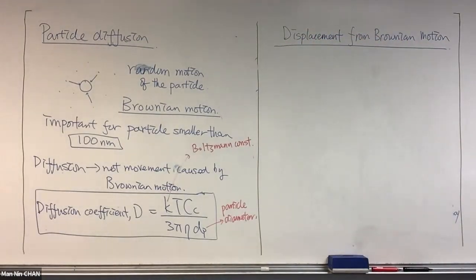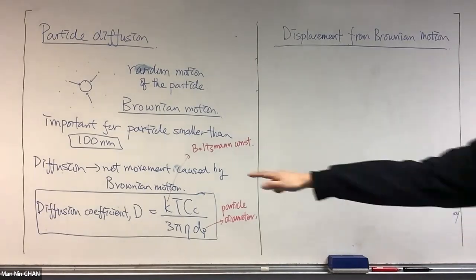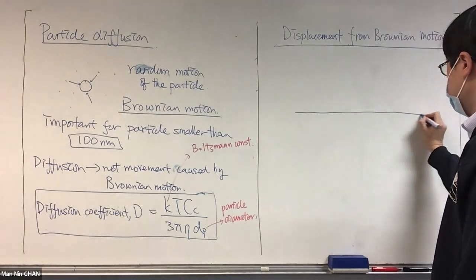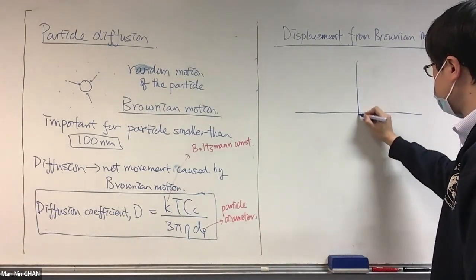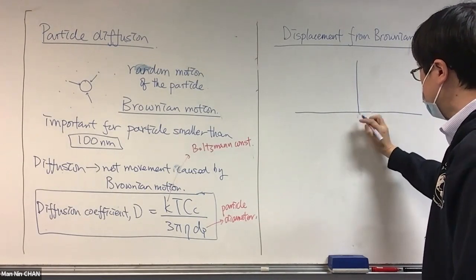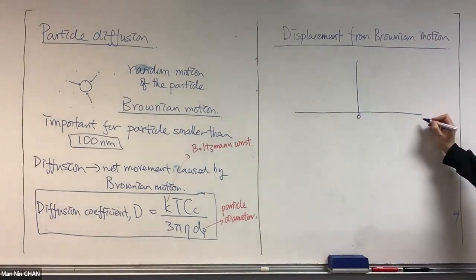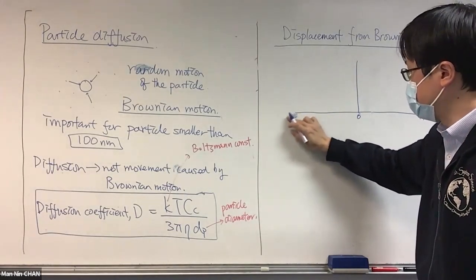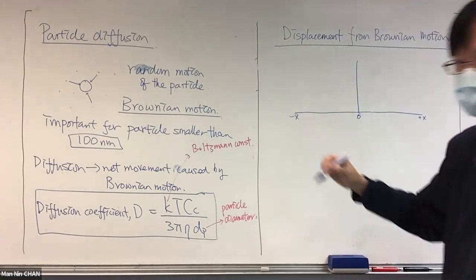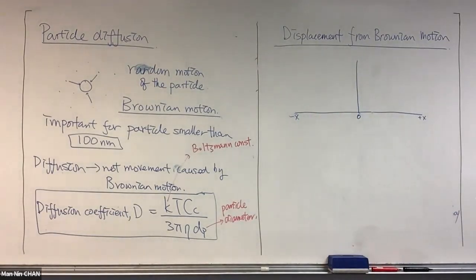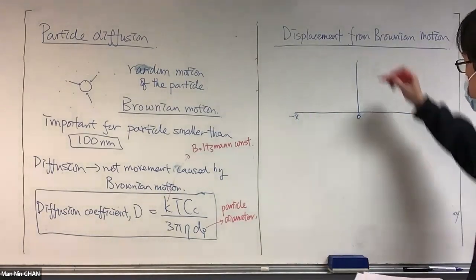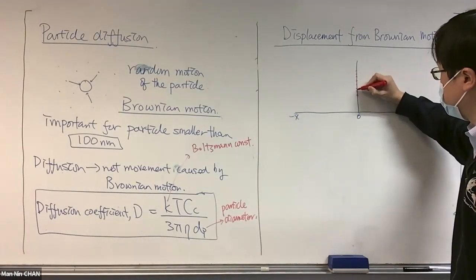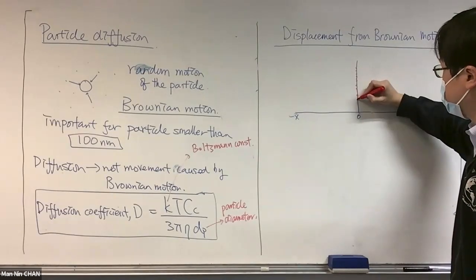So we want to look at this displacement due to the Brownian motion. You can imagine I can draw a line here. Say this is the center, this is positive x, and this is negative x. I just consider the x direction. If you remember, initially I put some particles at the center, so you can have different sizes of particle here.